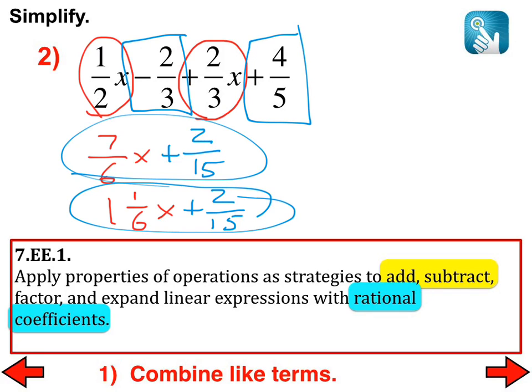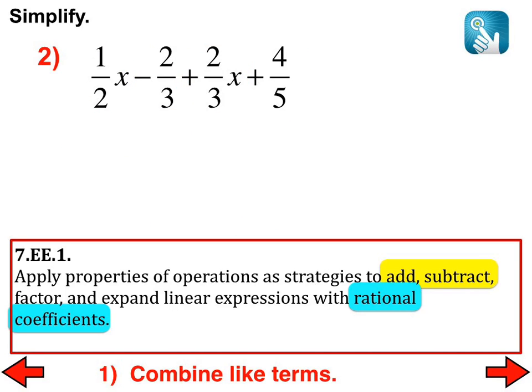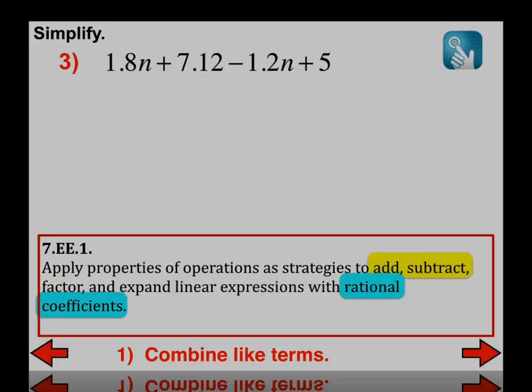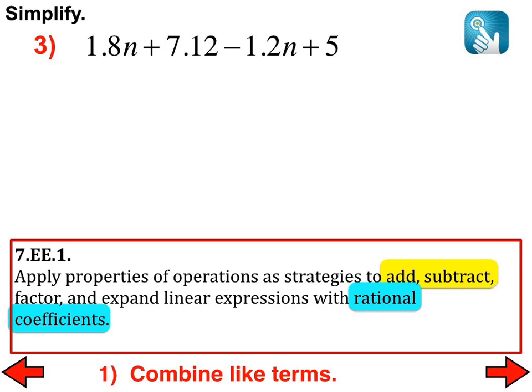All right, let's do the same thing with number 3. Everybody simplified number 3. And I'm focusing on the fraction ones and the decimal ones because those were the ones that seemed to be the biggest issue. All right, so this one, we would need to gather our positive 1.8n and our negative 1.2n.